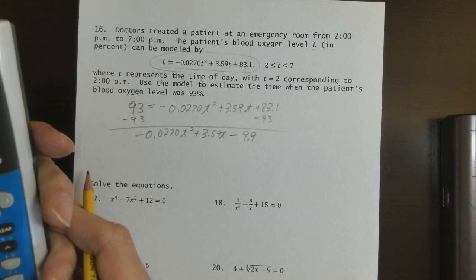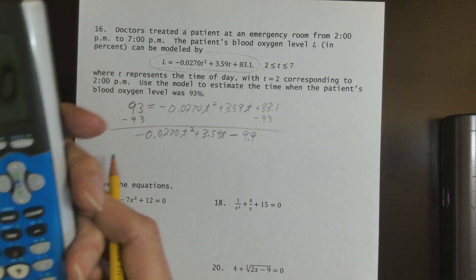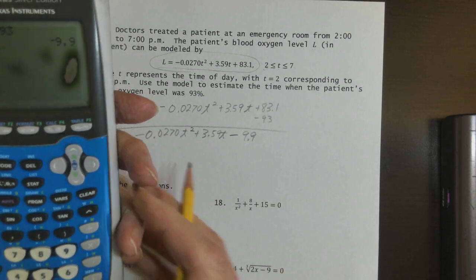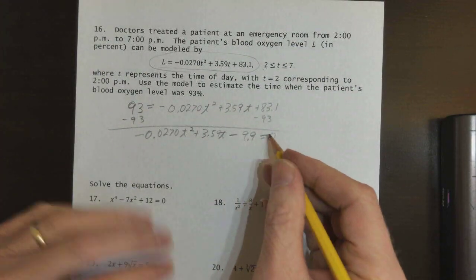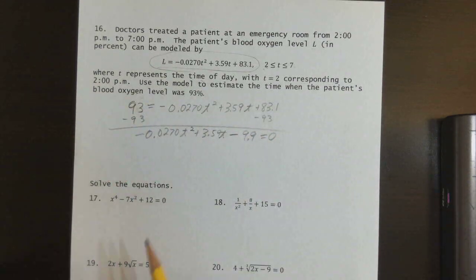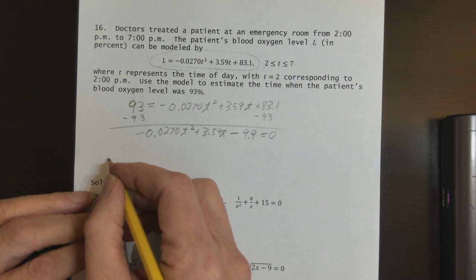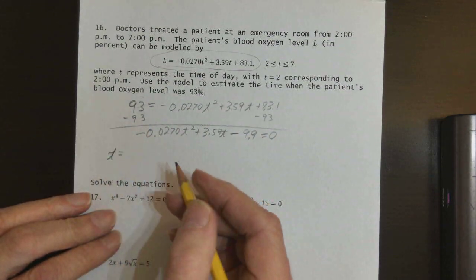And 83.1 minus 93 is negative 9.9. Okay. That's equal to 0. I have just moved the 0 over here. Okay. I'm going to set this in the quadratic formula.